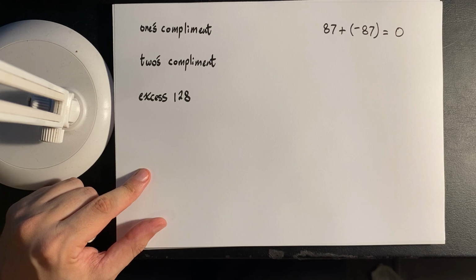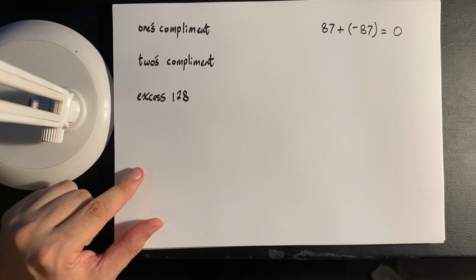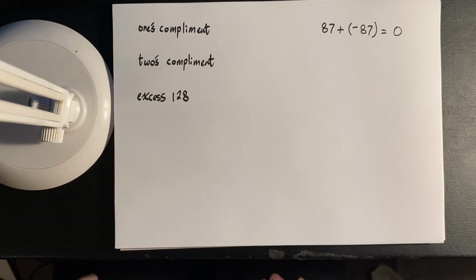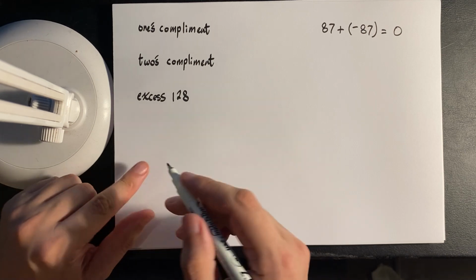Now, this depends on a few things. This depends on how we want to add things together, how we want to define addition in our math system, and it also depends on how we want to define 0.